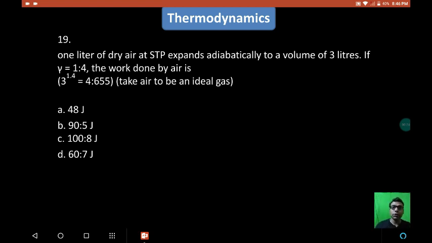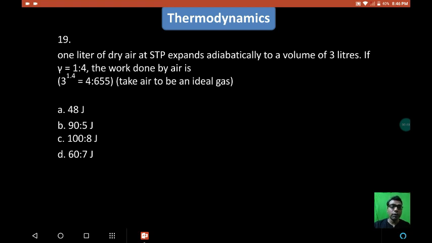So this 1 liter of dry air at STP, the initial condition given was STP. We have to be very clear about what the STP condition is. Here STP means the pressure is 1 atmosphere and the temperature is 0 degree Celsius or 273 Kelvin. So we take from our knowledge the pressure and the temperature at STP.